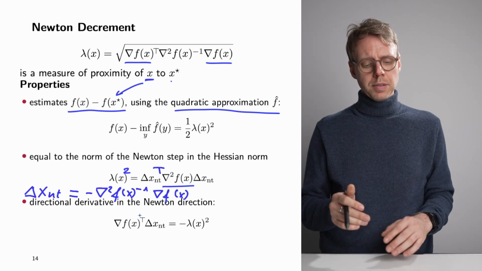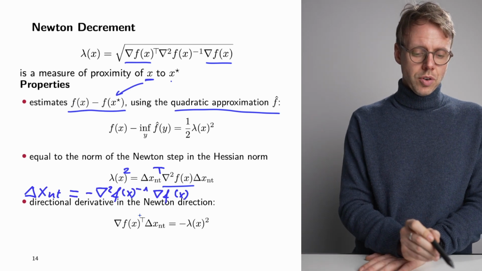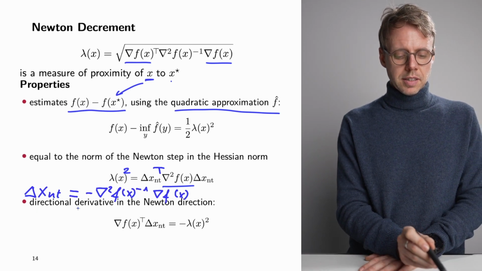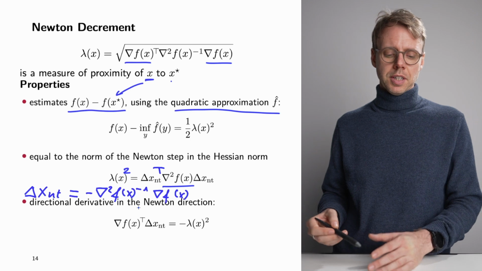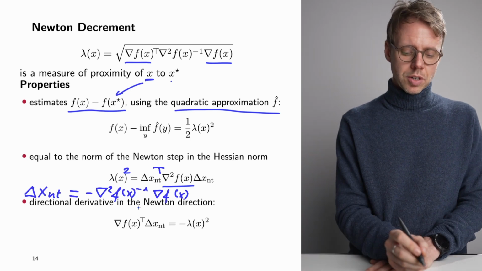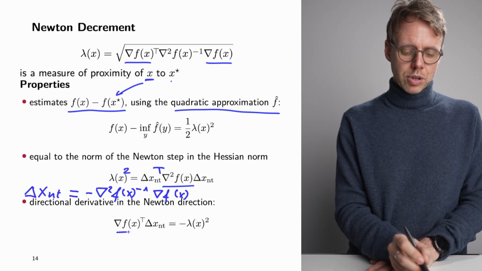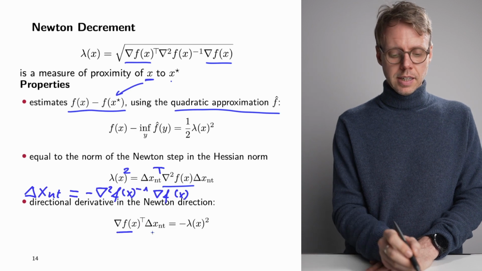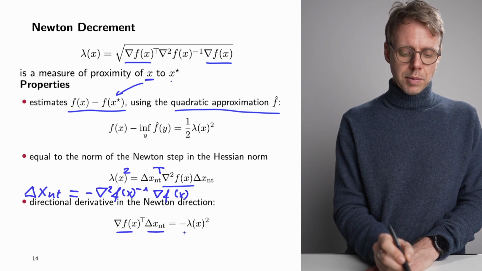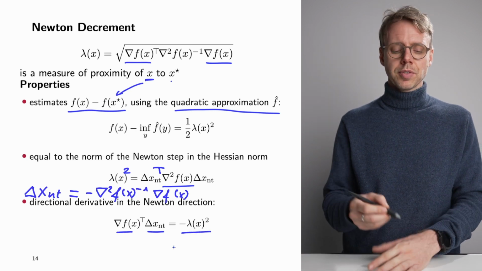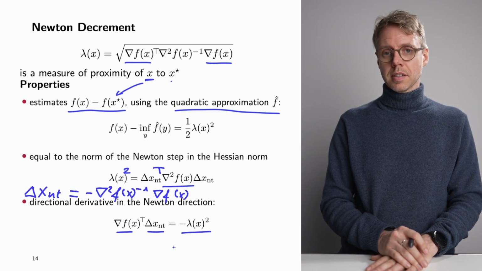And the third interpretation of the Newton decrement is that it is the directional derivative in the Newton direction. So the inner product of the gradient and our Newton direction equals the negative Newton decrement squared.